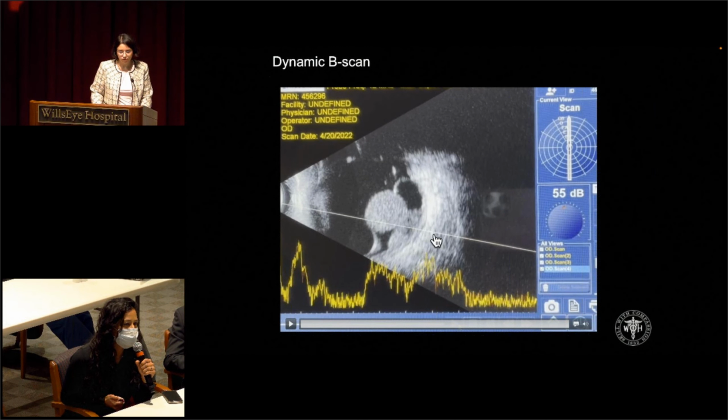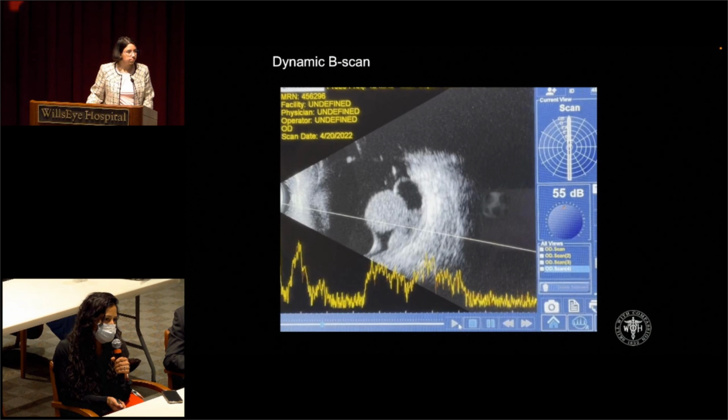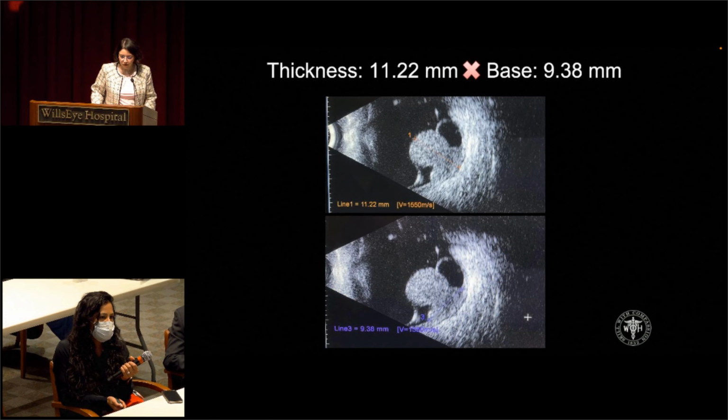Hard to tell if that's the patient moving or some vascular pulsations within the mass itself. Yeah, so actually, the patient was not moving. It's the real circulating signal inside that, and we assume that maybe that shows the vascular changes inside the mass. So we also measured the thickness was 11.2 millimeters and the base diameter was 9.3.